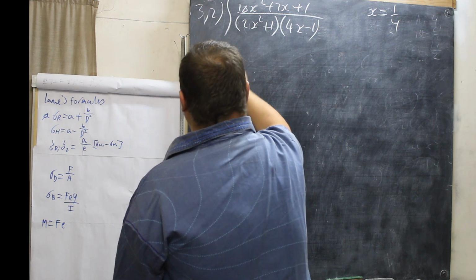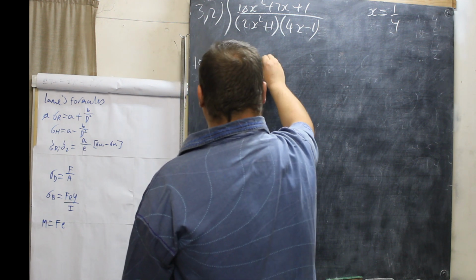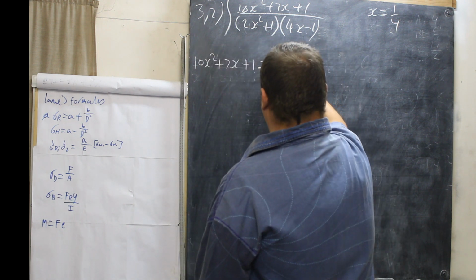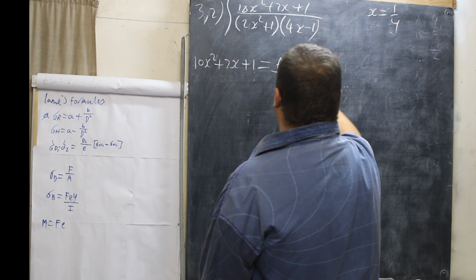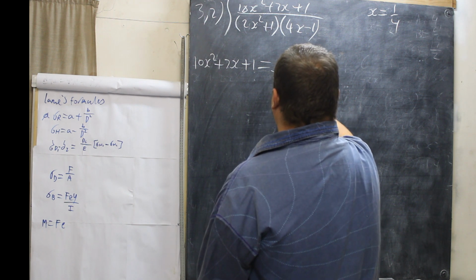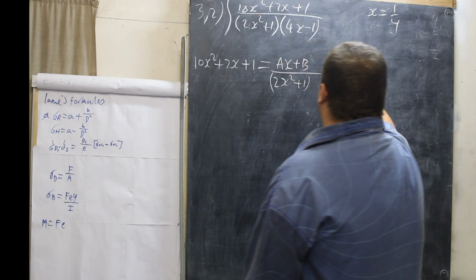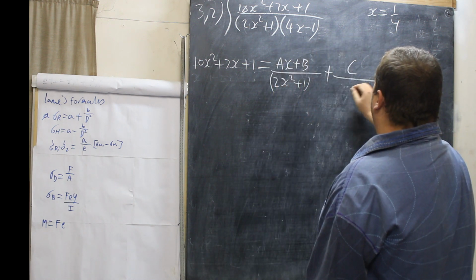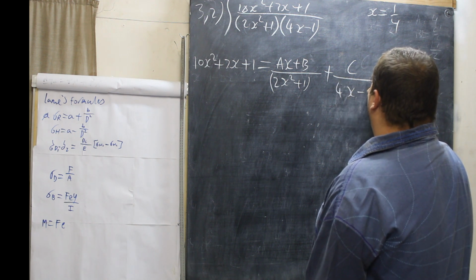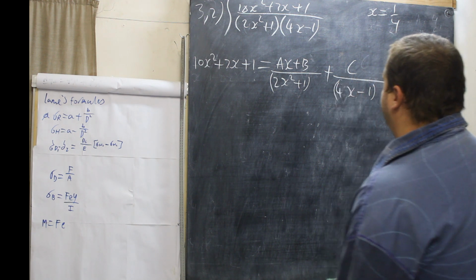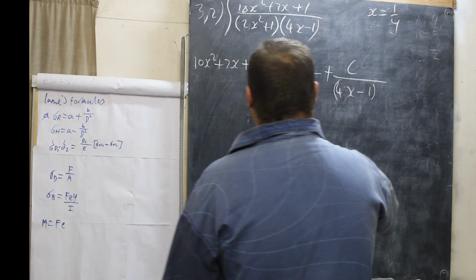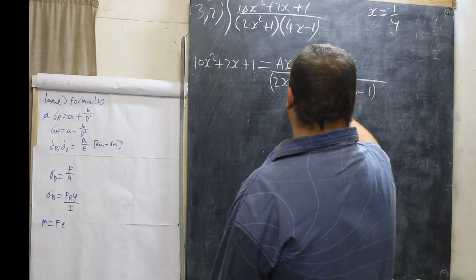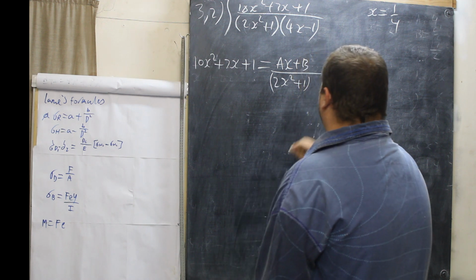10x squared plus 7x plus 1 equals ax plus b over 2x squared plus 1 plus c over 4x minus 1. Right, so now we multiply through with the base. This comes up here, that goes up there.